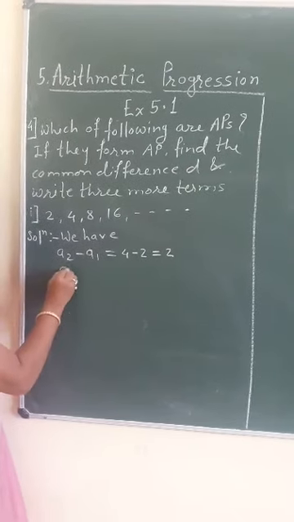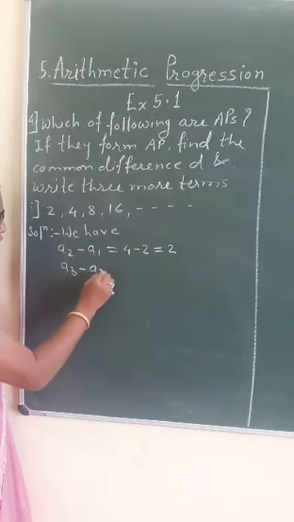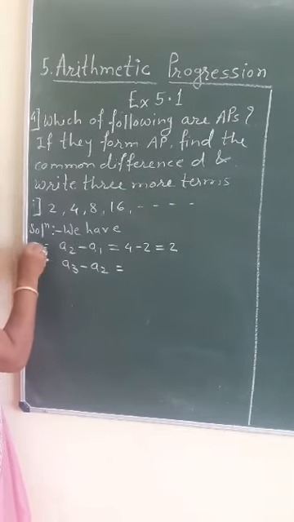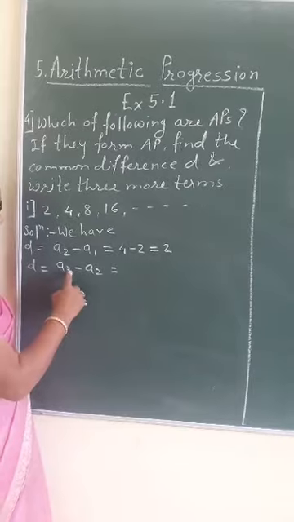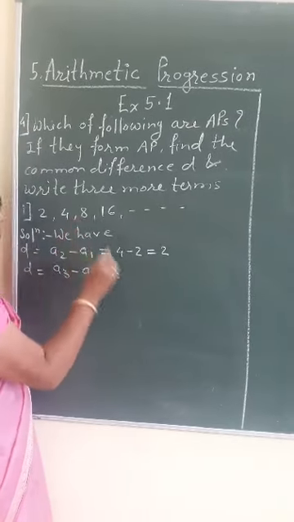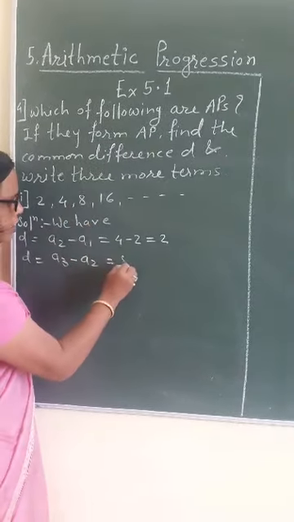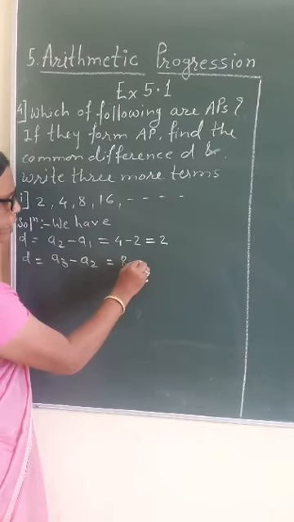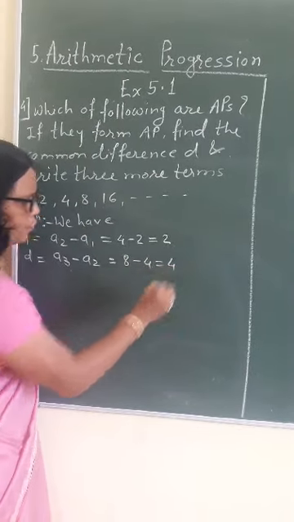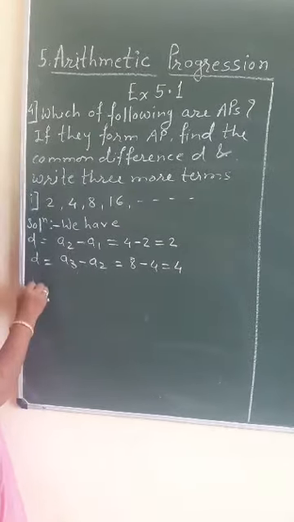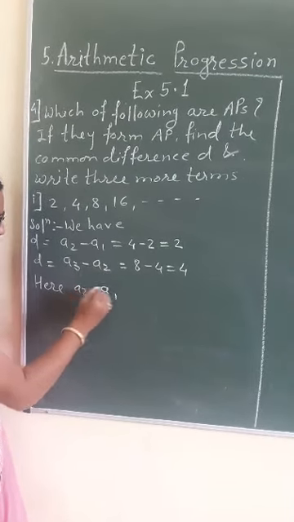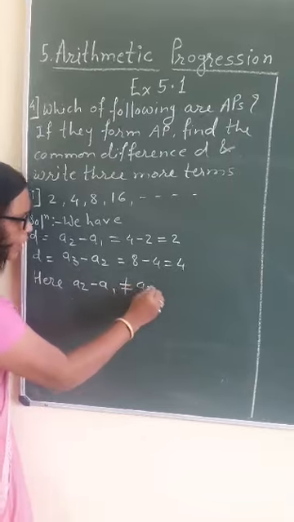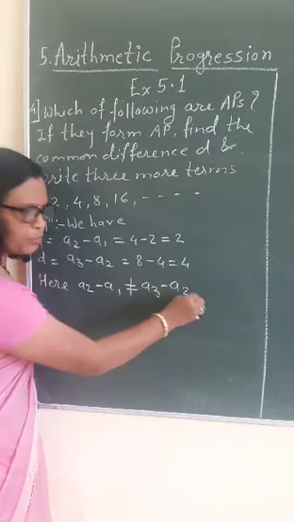What will we get? 2. Then again A3 minus A2, which is nothing but the common difference D. What is A3? The third term is 8, and the second term is 4, so we get 4. Here A2 minus A1 is not equal to A3 minus A2.